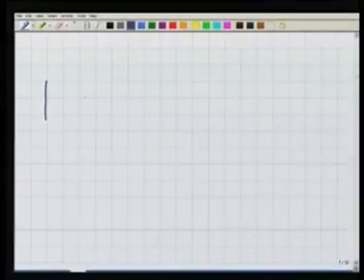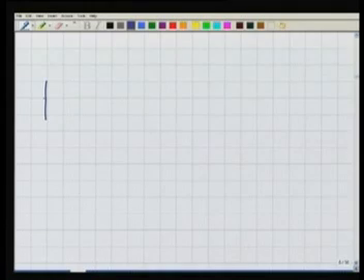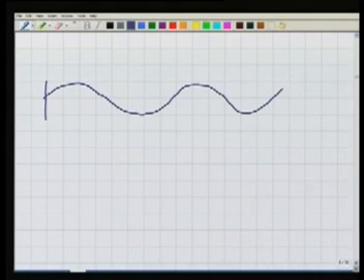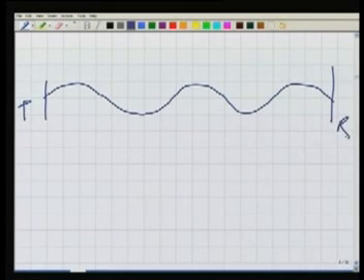I'm going to draw one more diagram here. Let us say a wave starts traveling from here and travels like this. Now from here, this is our transmitter and that's the reflector. From the reflector, it gets reflected back, and let us say I draw the reflected part like this.